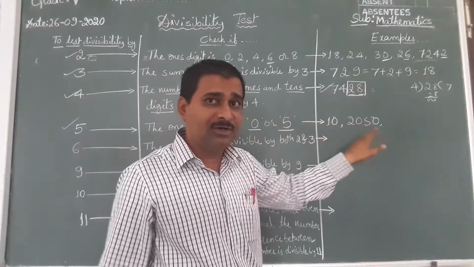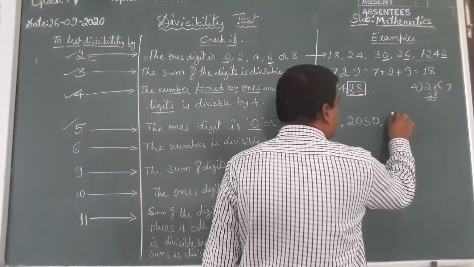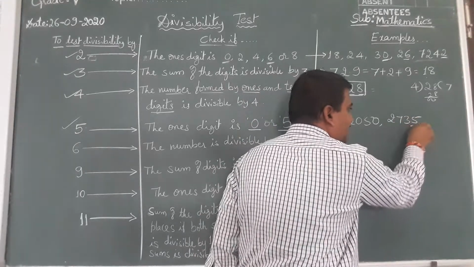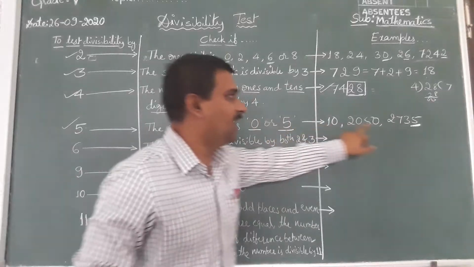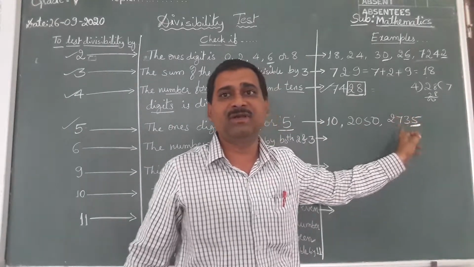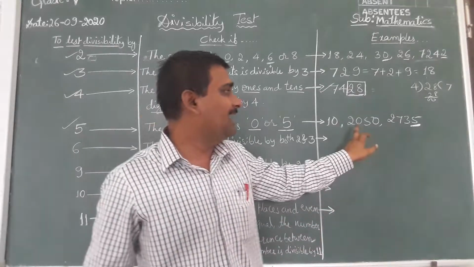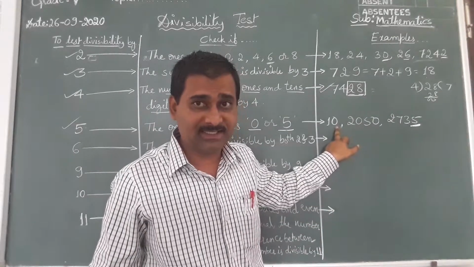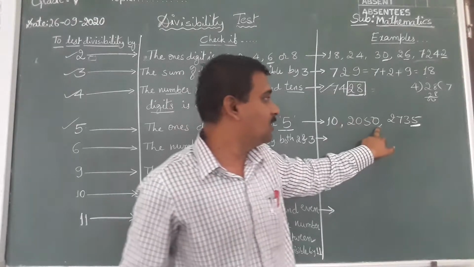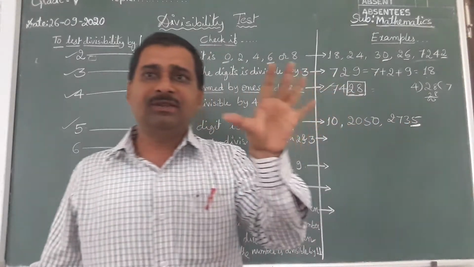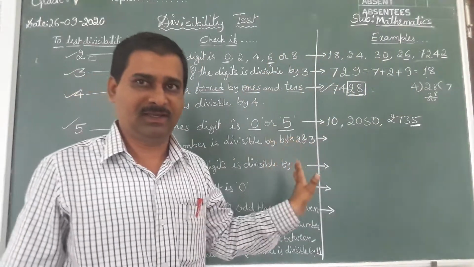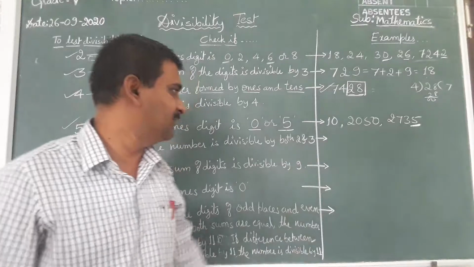Not only 0, if you find 5 also, like 2735, 5 in the ones place, then this 2735 is divisible by 5. If you find either 0 or 5, then you decide that the whole number is divisible by 5. Clear? It is very simple.